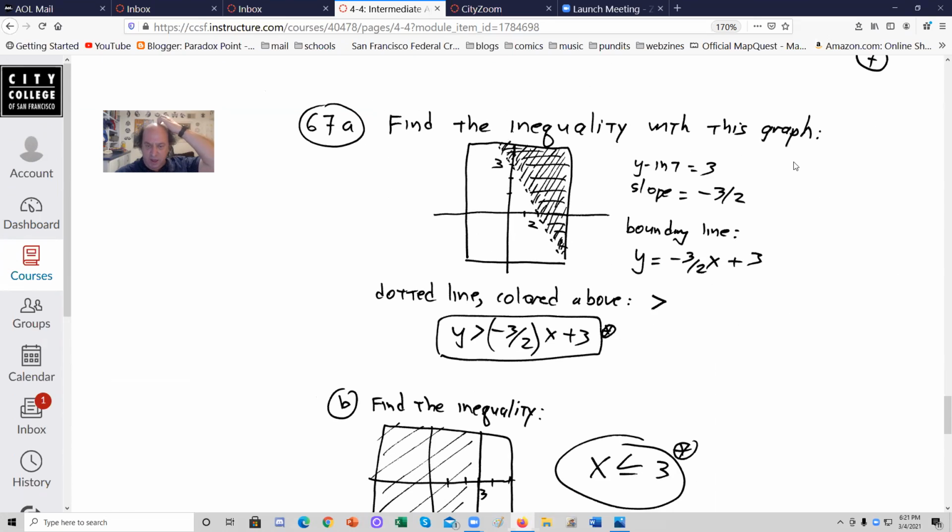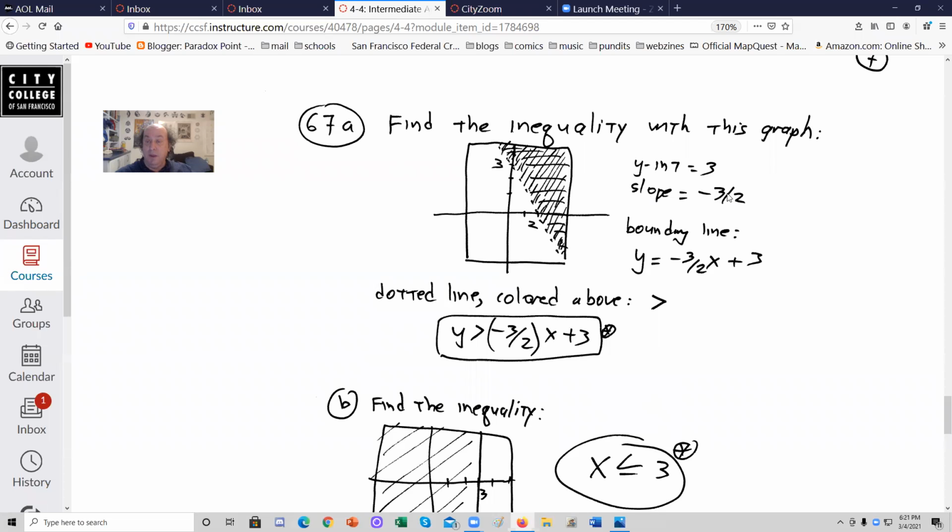Now here they ask, it's a reverse thing. Given a graph like this, what is the inequality with this graph? Okay, the boundary line goes through 0 by 3 and has a slope of negative 3/2. When you go over 3, it goes down 2, so a slope of negative 3/2.